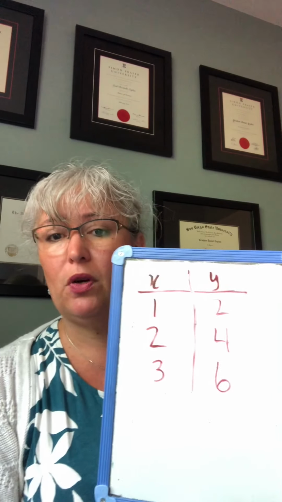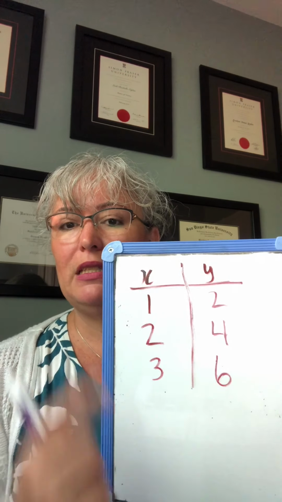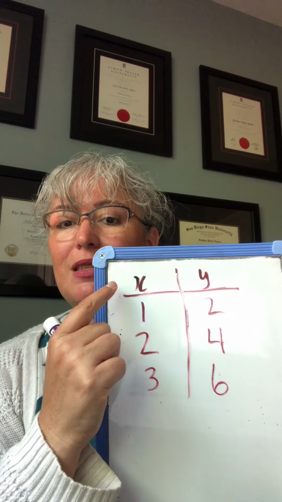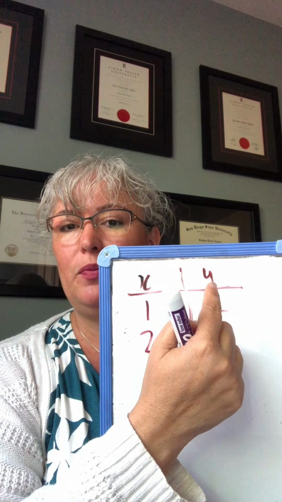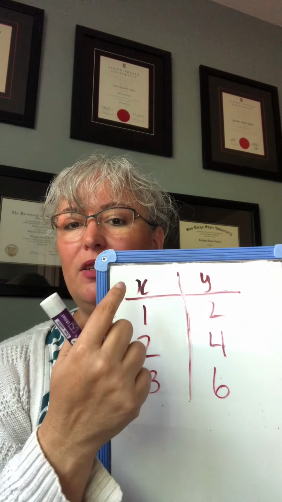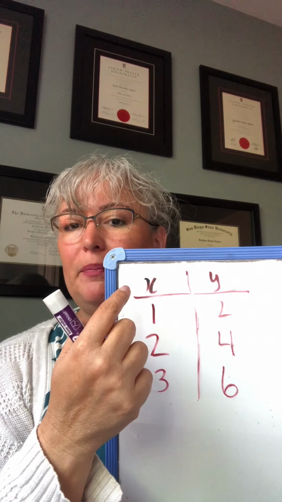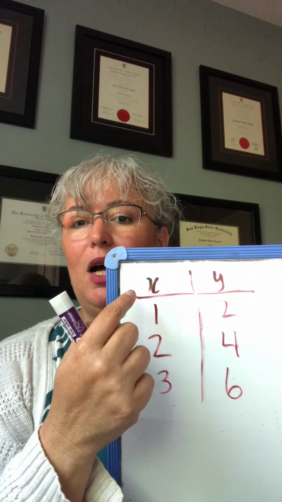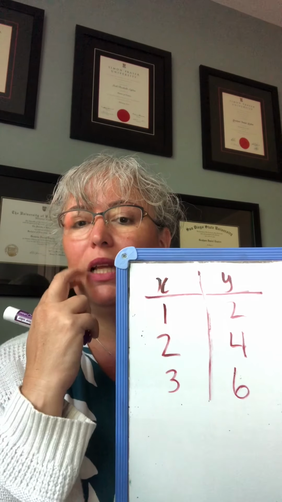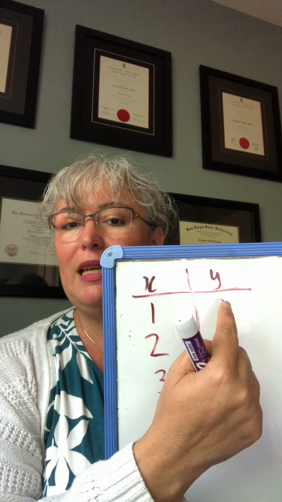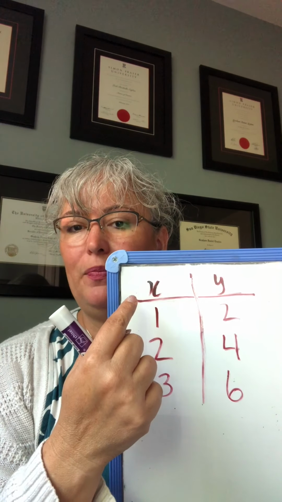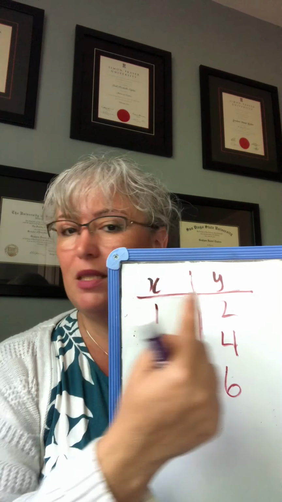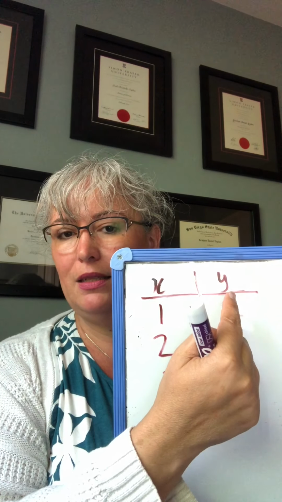So we've done this before, right? You've got your data. This is a table. This is the x variable. This is the independent variable. And this is the y variable. So this one is dependent on this all the time. Okay? So for example, if y was seedling height and this was time, time isn't dependent on seedling height.